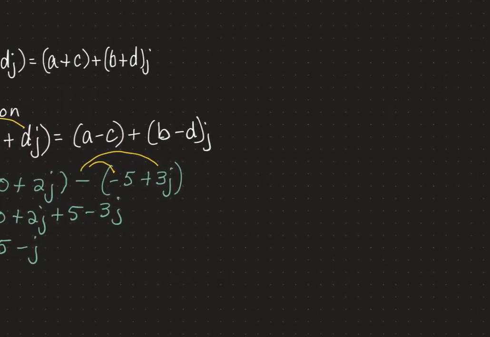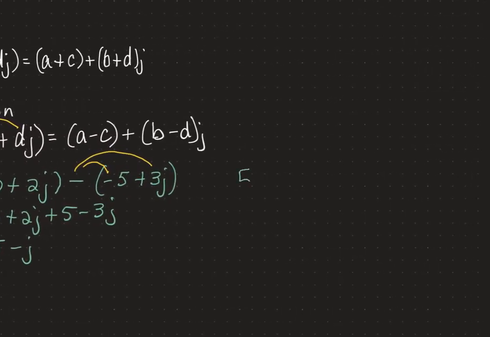Let's work through another one, but this time we'll do it vertically. So here's example 4. The example is the complex number 6 minus 5j minus the complex number 12 minus 2j. Even written vertically, we can think of this as distribution of the negative.